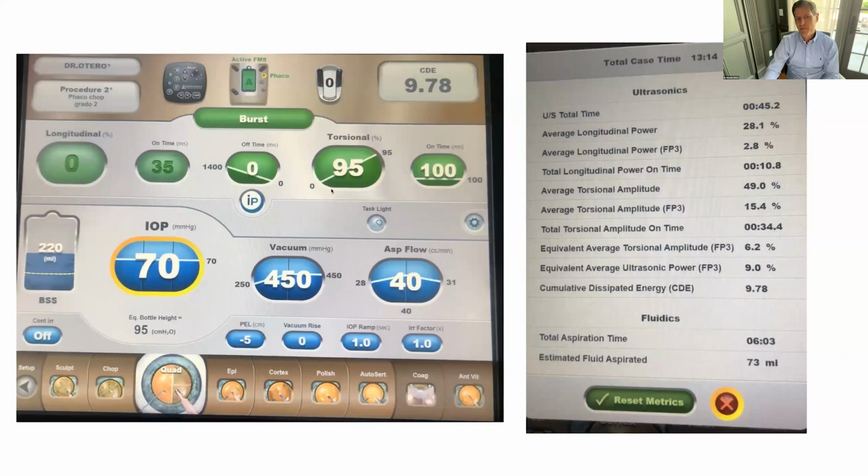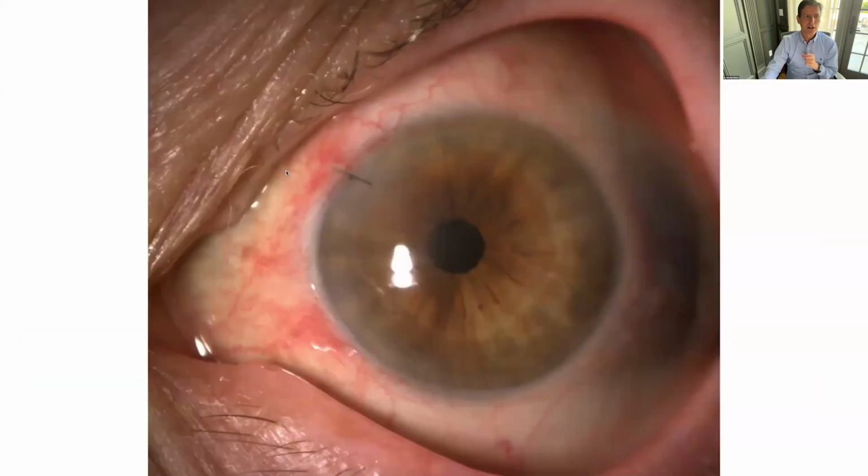I have 95% of torsional, so when it hits 95%, it'll send some bursts of longitudinal. That is because these phaco tips tend to occlude with the fragments as they are very, very dense. And using burst or microburst will help us with the efficiency of the ultrasound delivered into the eye.